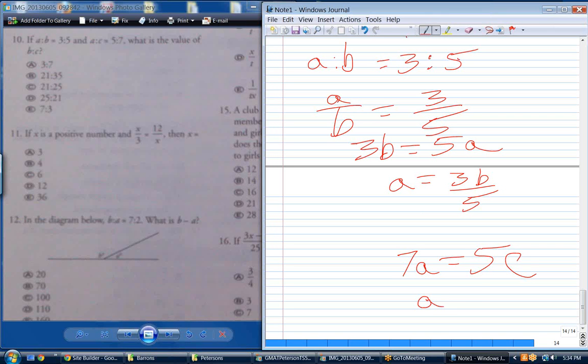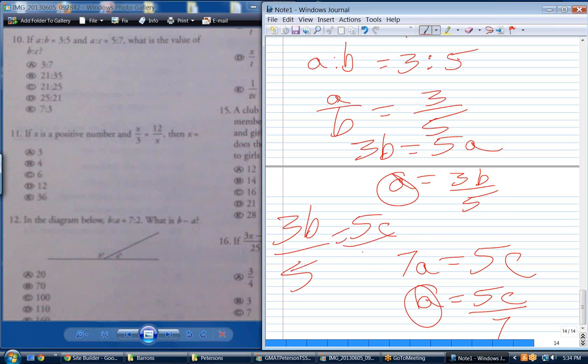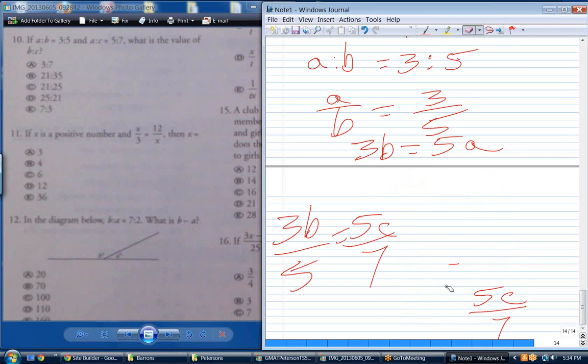Down here, A is equal to 5C over 7. This A is equal to this A, so 3B over 5 equals 5C over 7. And now all we have to do is rearrange this so that we have B over C.